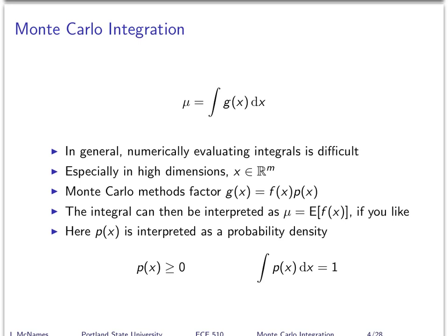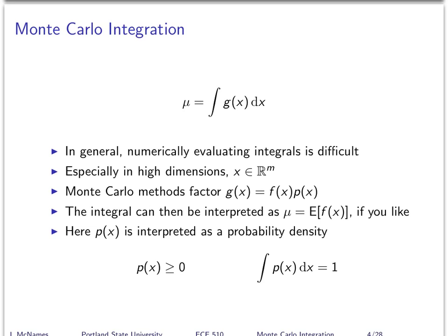Now, I've chosen mu to echo your memory of mean. I've done that for a deliberate reason that I'll talk about in a minute. But for now, just imagine mu may not be the mean of anything. It's just what the value of this integral works out to be. And you'll see why mu was chosen in a bit.